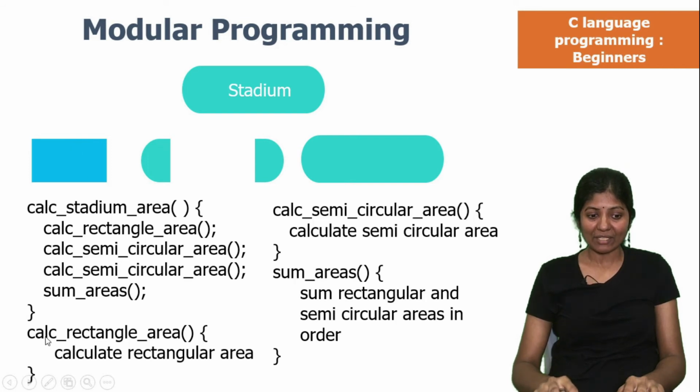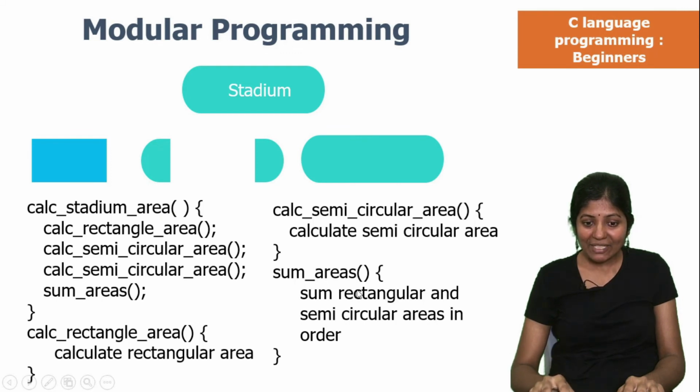I wrote a function for calculating rectangle area. After that, I wrote a function to calculate the semicircular area. After that, we need to sum these areas. All these 3 functions are combined into the main function to get the stadium area, which is calculating stadium area.